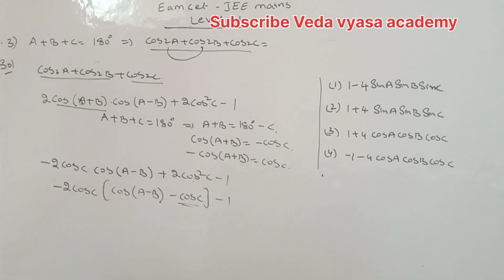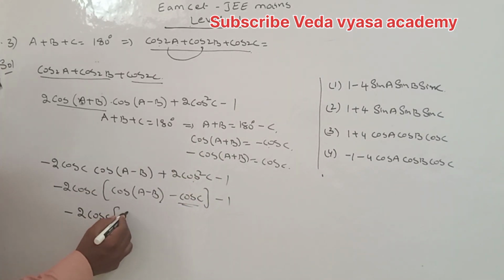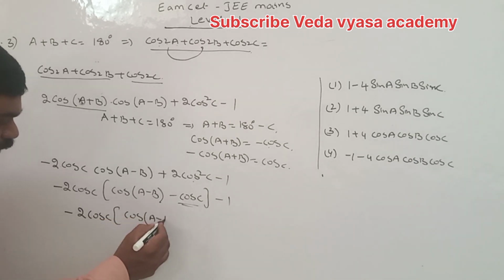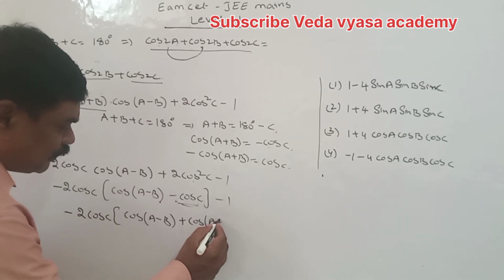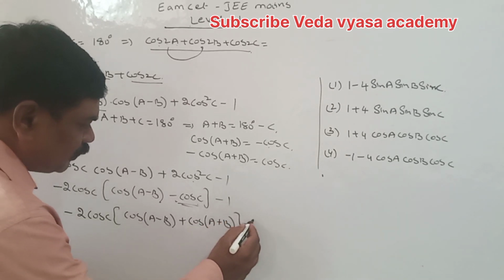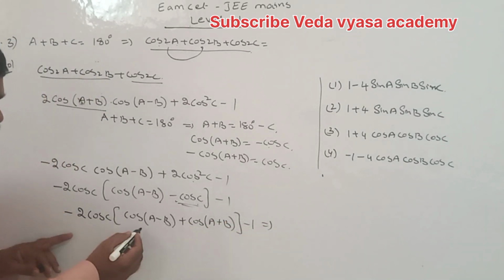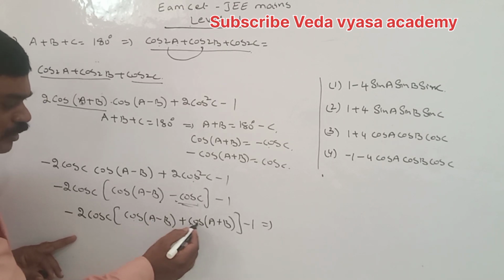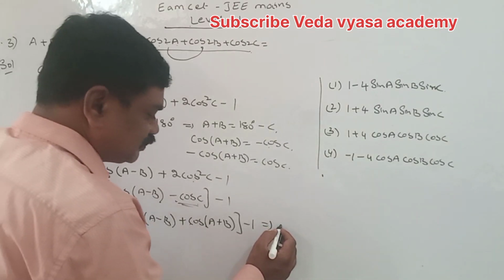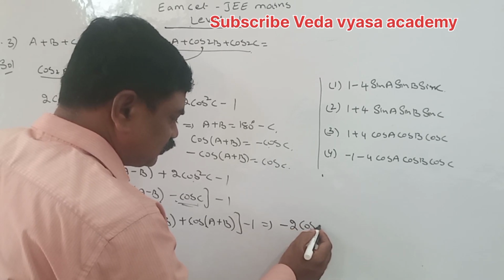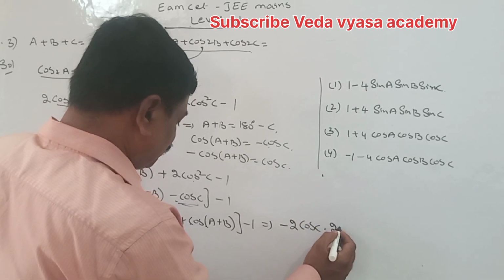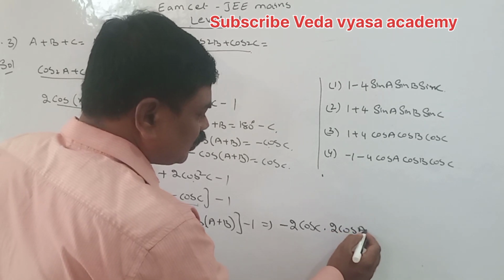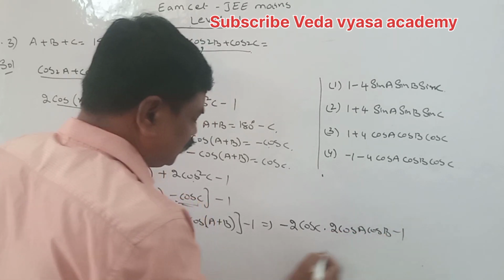So minus 2 into cos c, cos of a minus b plus cos of a plus b, minus 1. So cos of a minus b plus cos of a plus b is there, which can be written as 2 cos a cos b, minus 1.